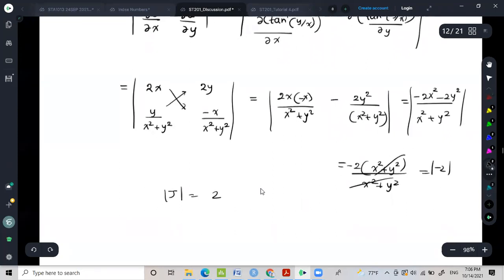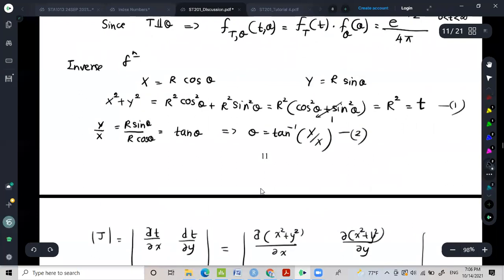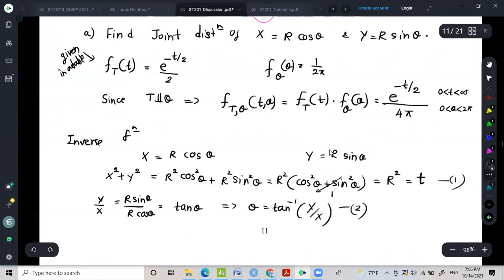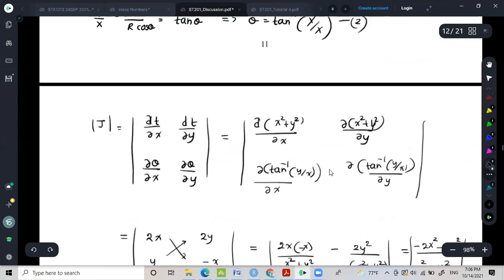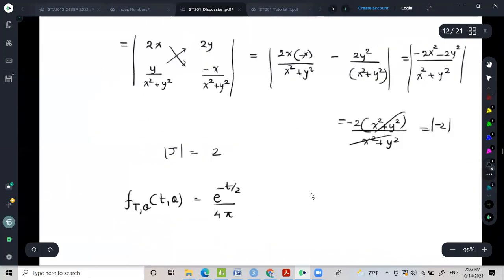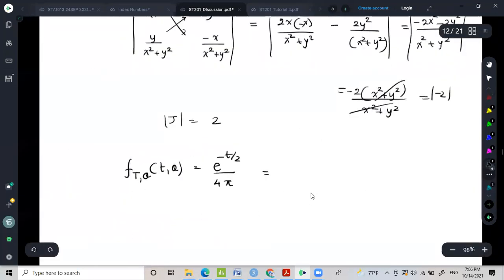Now we have to use the previous answer, the joint density of t and theta. So let's write it again here. f of t theta is e to the negative t over 2, over 4 pi. Okay, let's double check. Yes. Now what do you have to do? Instead of f of t theta, we have to write f of x y.